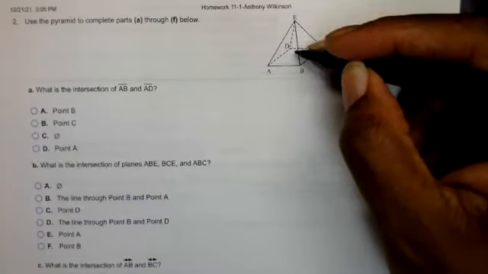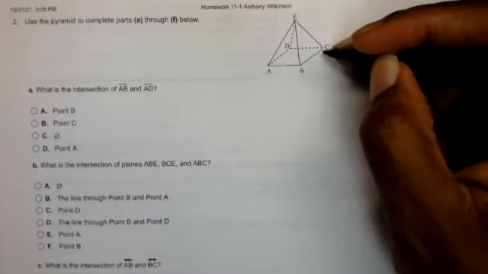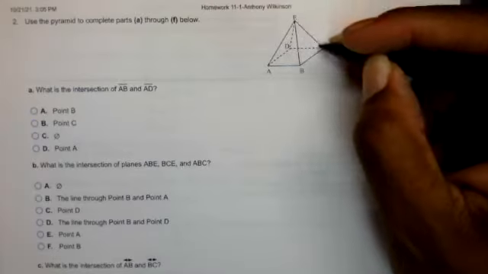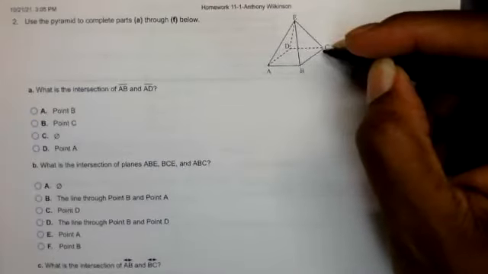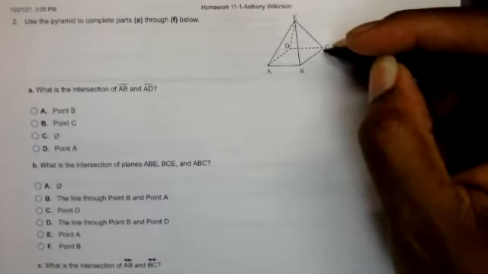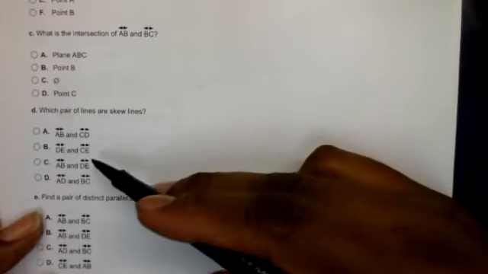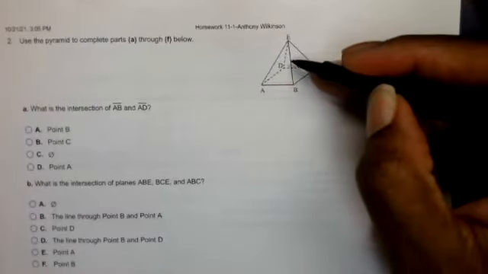What about DE and CE? Here's DE up here. CE is right there. They're both in the same plane, and they do intersect at a point, which is point E. Okay. What about AB and DE? Here's AB.